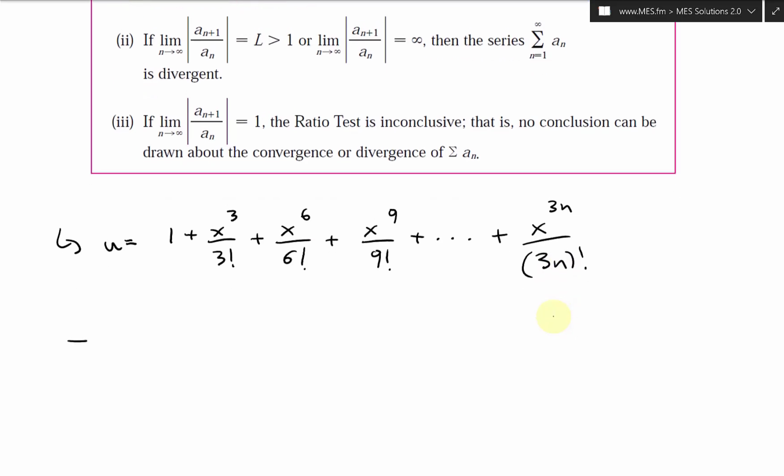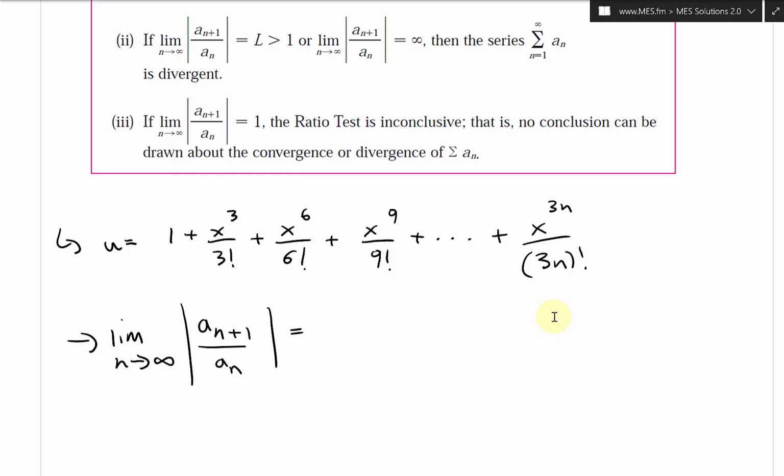So let's take the limit as n approaches infinity of the absolute value of a_(n+1) over a_n. This equals the limit as n approaches infinity, and let's plug that inside.